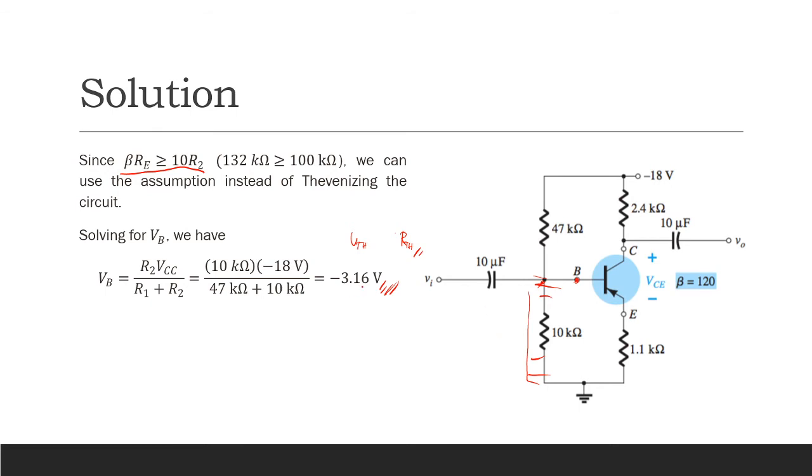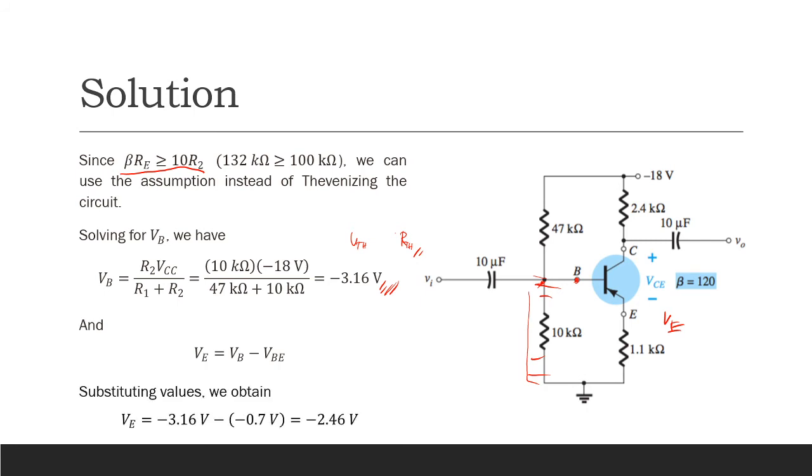Now, kung negative 3.16 volts yung VB natin, we can directly solve for VE. Kasi, alam natin yung value ng VBE. So, double subscript notation lang tayo. VE natin is equal to VB minus VBE. So, therefore, VE natin is negative 2.46 volts.